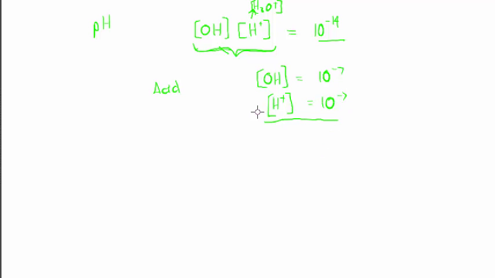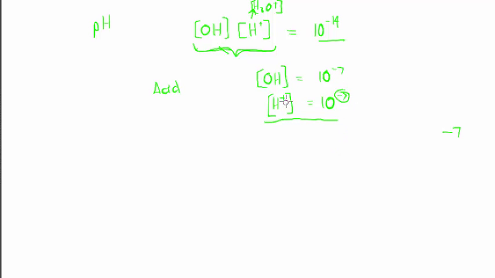Is it going to become more or less? It's going to become less because it's -7. If I increase -7, it will become -6, -5, -4. So if I add an acid, this one will decrease.